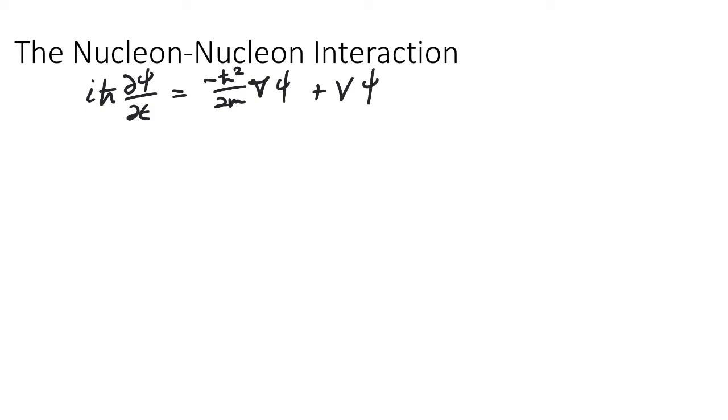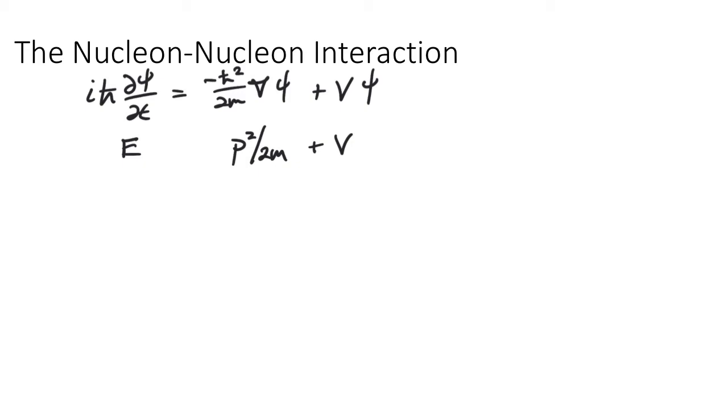That's the Schrodinger equation, and it comes from the non-relativistic energy equation. This represents the energy. This represents the kinetic energy in the form of p squared over 2m, and this is the potential energy. So kinetic energy plus potential energy is the total energy. But that's not a relativistic equation.